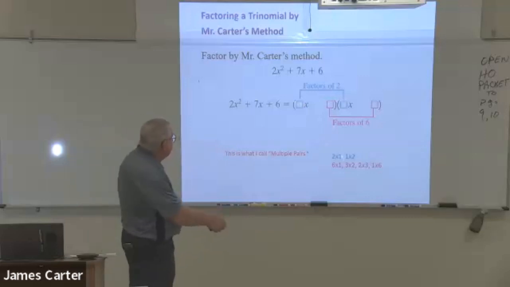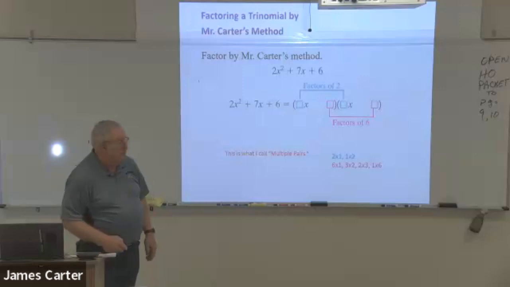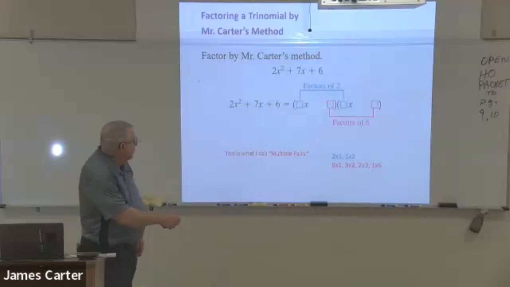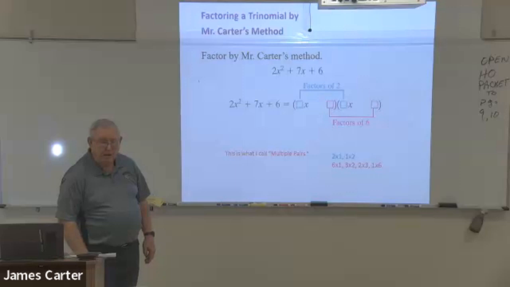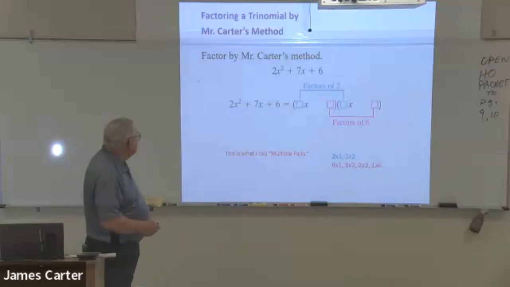Those two factors of 2 are the only numbers that can go in here. One of these better be a 2 and one of those better be a 1 in this case. And we got to figure out which one of these go in there and there. Okay, that's the understanding on how this thing works.